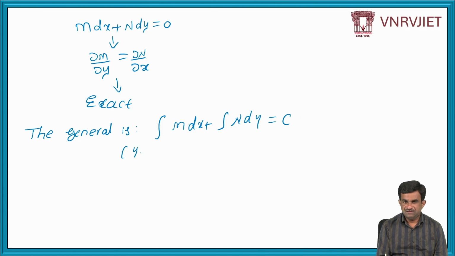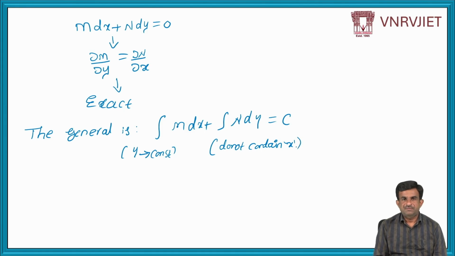We know that in the first integral we treat y as constant. In the second integral we take the terms which do not contain x. This we know. To say that the given differential equation is exact, we have to check the condition for exactness, that is, dou M by dou y equal to dou N by dou x or not.